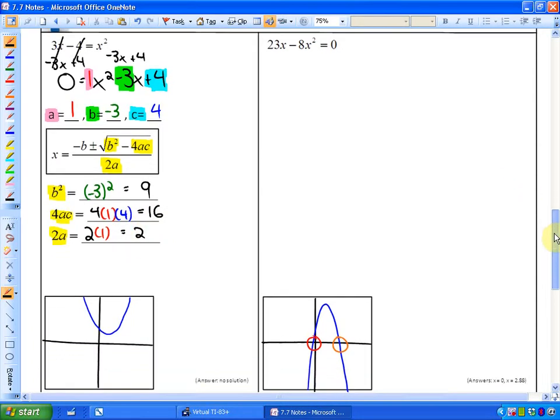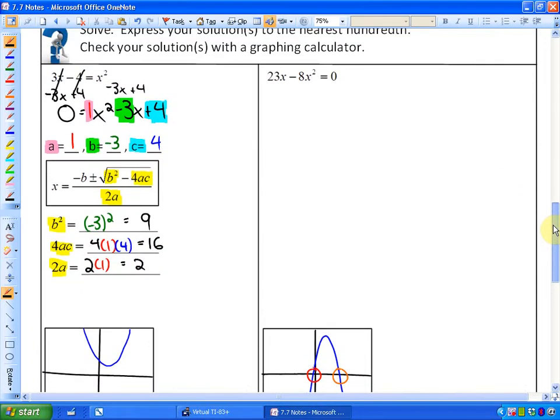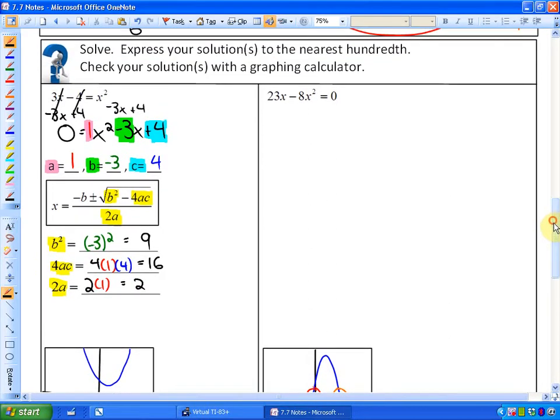So if we go ahead and start solving this using the quadratic formula, let's start substituting. We will have x is equal to negative b, which is 3, because b is -3, plus or minus the square root of b squared, which is 9, minus 4ac, which is 16, all over the product 2a, which is 2.